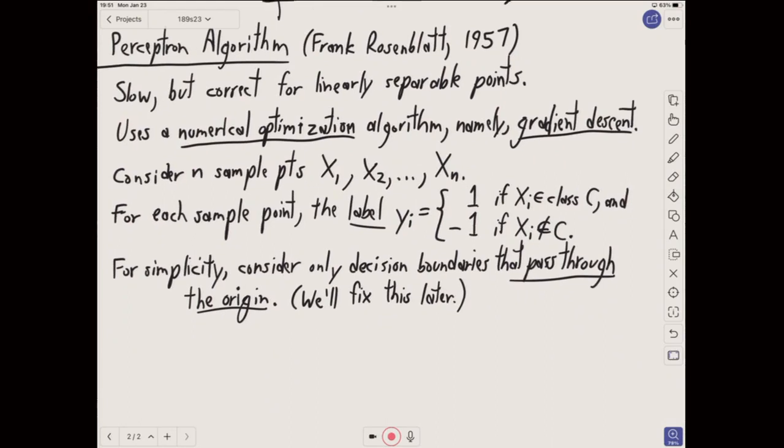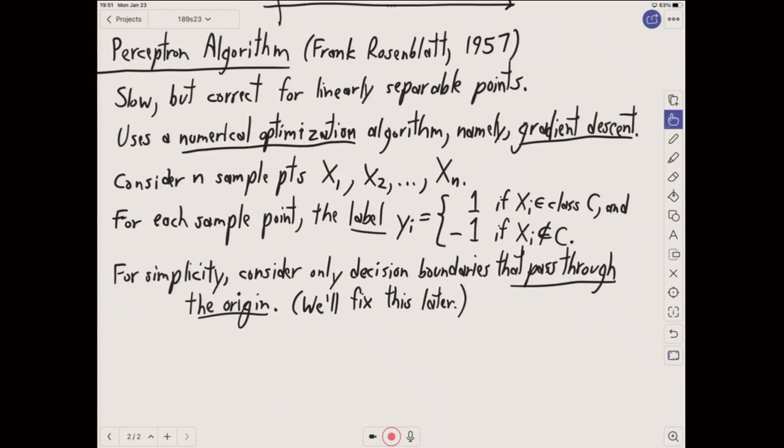With that in mind, now that we've decided that we can drop alpha and just have our decision function be w dot x, that's the whole decision function. Now our goal is to find the weights that will make this all work out.